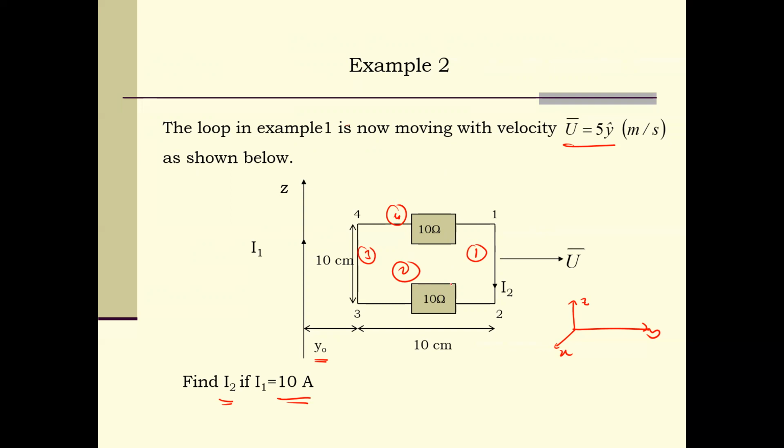The closed loop integration will need to consider all of these sides, so we can write the closed loop integration of U cross B dot dl as U cross B dot dl for side 1, plus U cross B dot dl for side 2, plus side 3, and finally side 4.